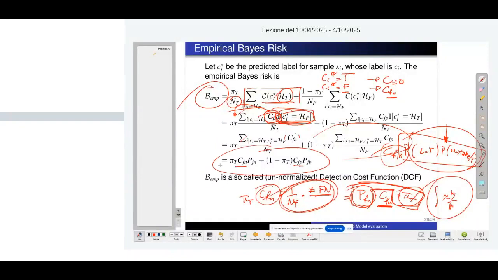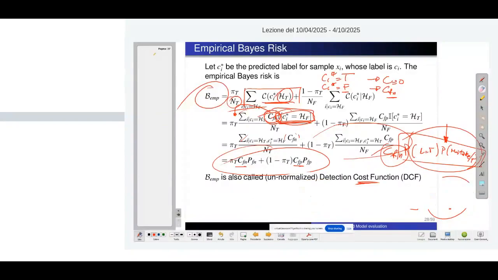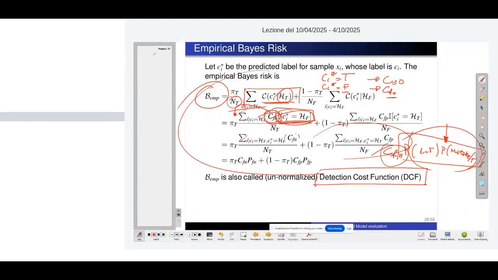Now this, for binary problems, in my field, is called the detection cost function, because it's a specialized case for binary problems. Binary problems are also sometimes seen as the answer to the question true or false, so they can be also seen as detection problems. Do I find my property or not?